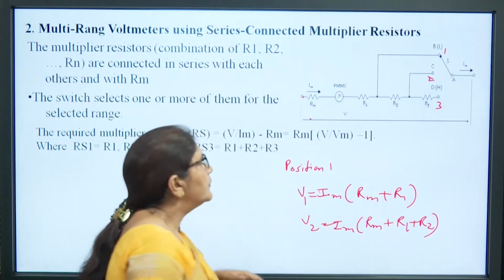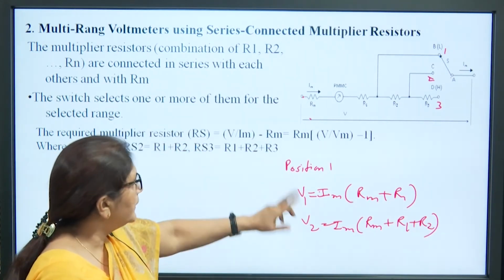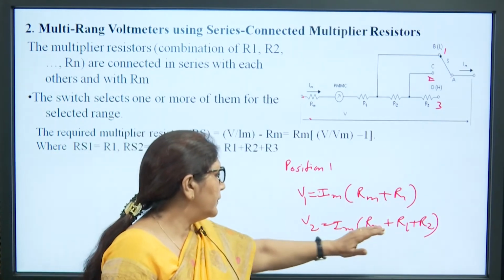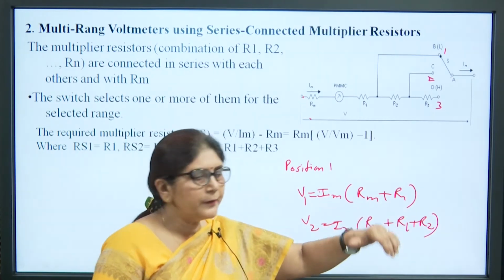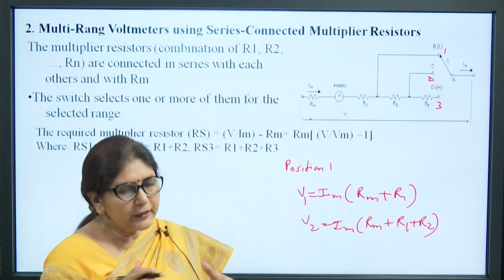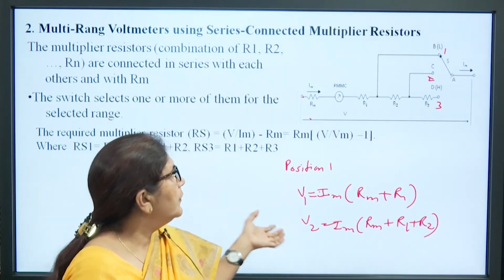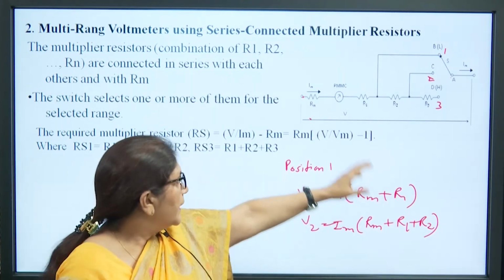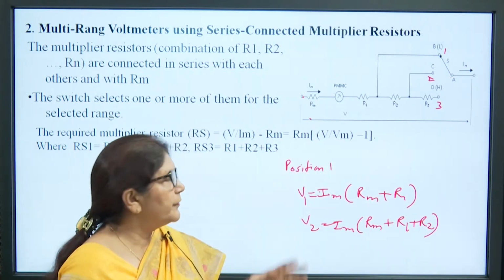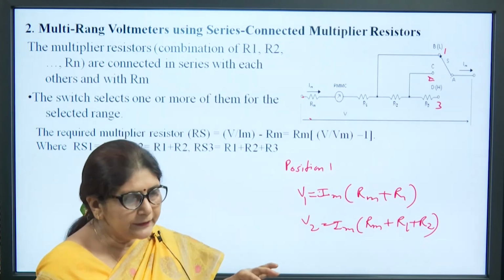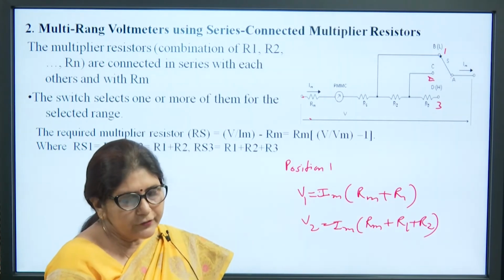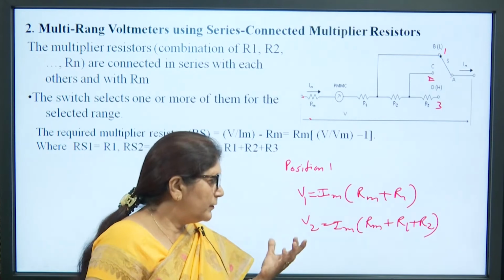Similarly, at position 3, V3 is equal to Im into (Rm plus R1 plus R2 plus R3). As we want to increase the range of voltage, we have to increase the resistances. Here the difference between the values of resistances is very low, because they are connected in series, and in every calculation the resistances are added.